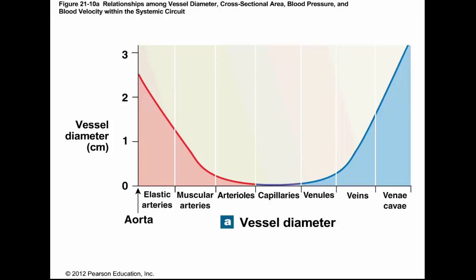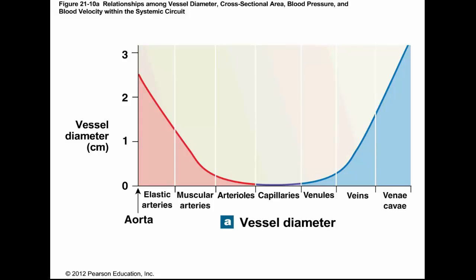These next series of diagrams are taken from your book, and we'll just talk through what we're looking at. Here you can see on the x-axis the vessel diameter in centimeters, and on the y-axis the different types of blood vessels in the human body. We're discussing vessel diameter.